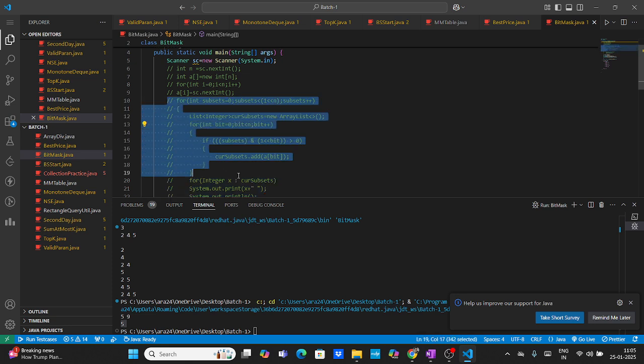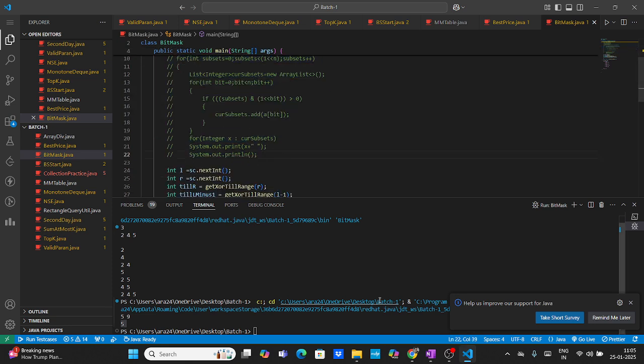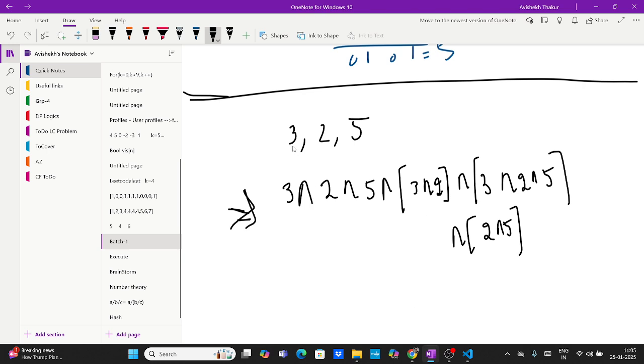Sorry, I am talking about subarrays. Others, can you write two for loops and do this? Yes, you can do it, right? From 1 to n, j to n.